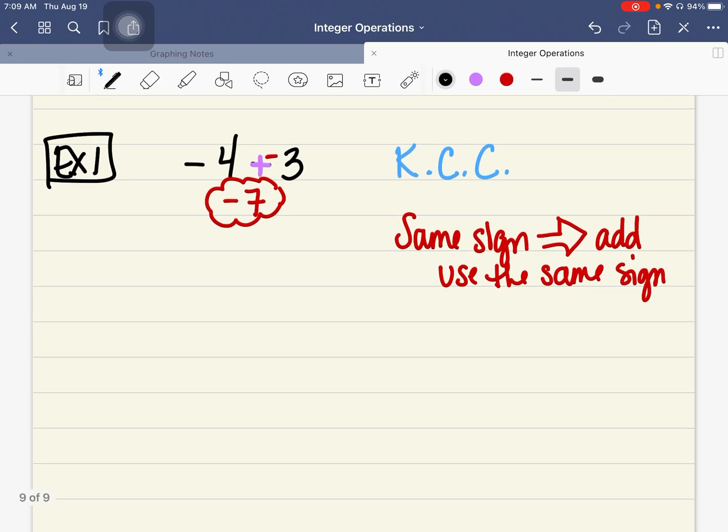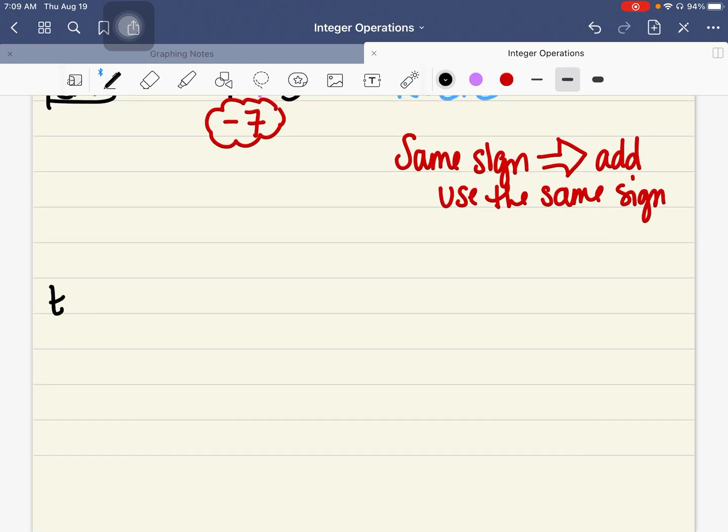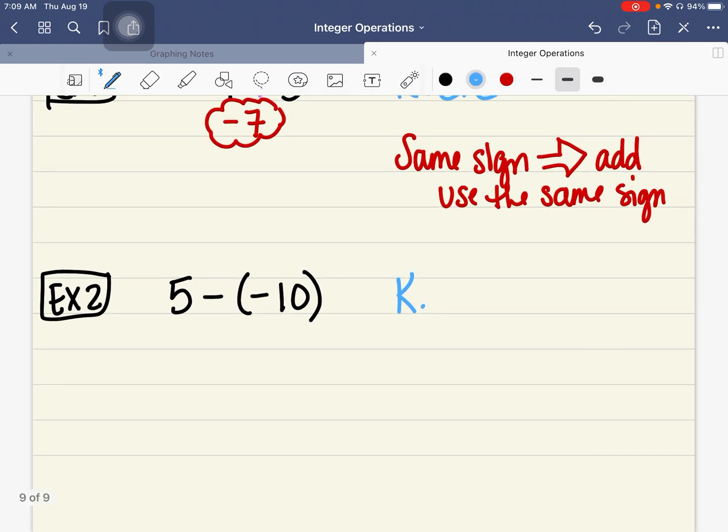All right, so let's look at another example of something that could come up. Example number 2. I could have 5 minus a -10. If we want to do keep, change, change, we want to keep the first number the same, so 5 is going to stay the same.